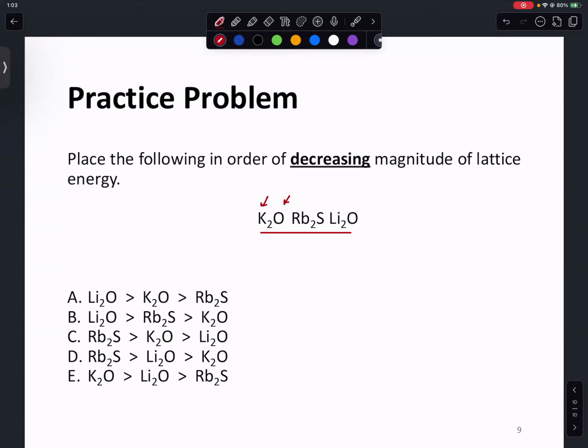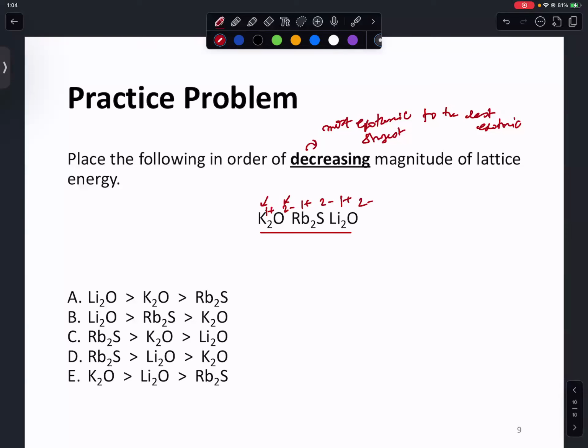The last thing I want to say is let's look at these compounds in decreasing magnitude, from the most exothermic or strongest ionic bond to the least exothermic. Now let's look at the charges. I have 1 plus 2 minus, 1 plus 2 minus, and 1 plus 2 minus.